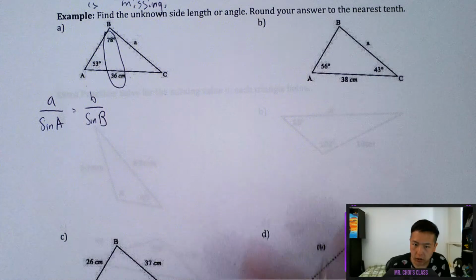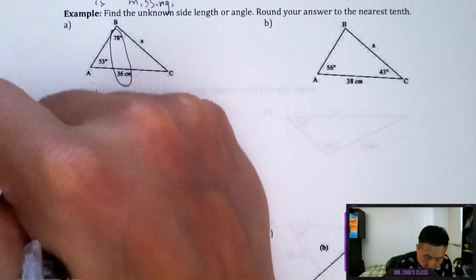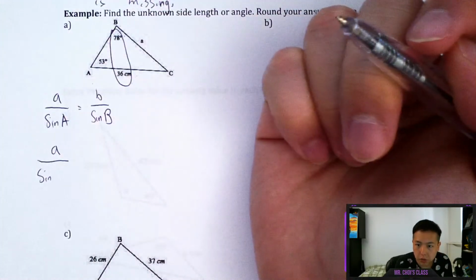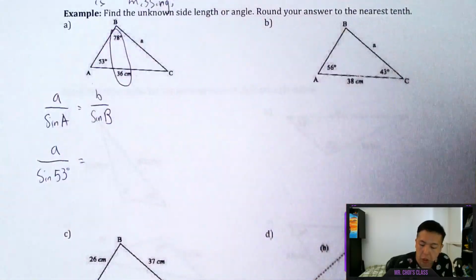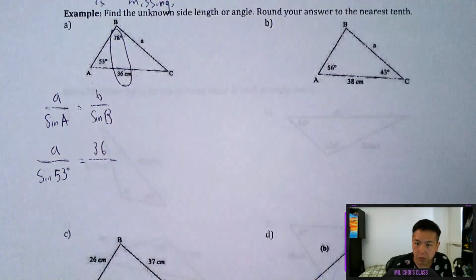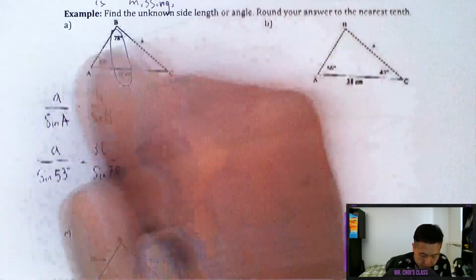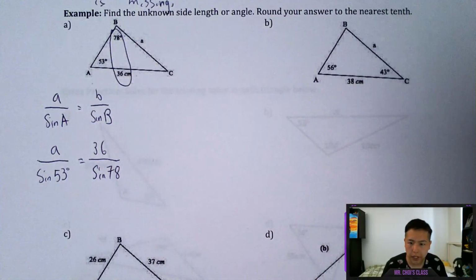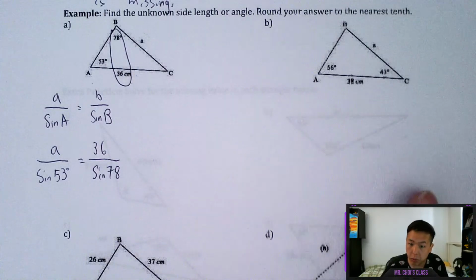Now we're going to plug in all the values we know. We don't know lowercase a. We do know capital A, which is 53 degrees. We know lowercase b is 36. And we know capital B, which is our angle, sine of 78. Now, if you don't like solving this and you don't like working with decimals, you can rearrange it beforehand.